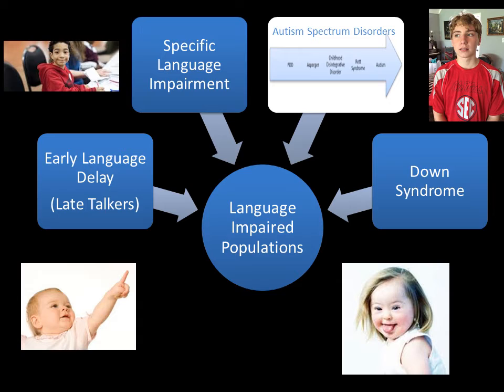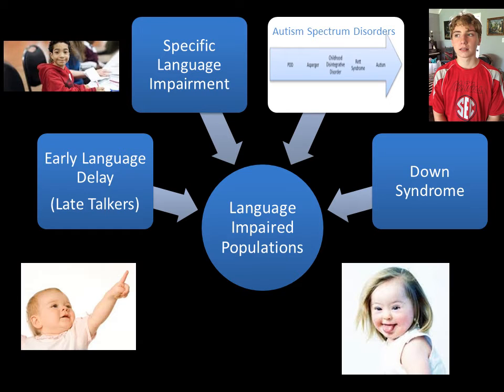Morphology development and semantic development tend to be greatly impaired in children who have SLI. Children have trouble with verb tenses. They have trouble putting words together to make sentences. They have trouble with grammar. And then they also have trouble with vocabulary, with remembering words.